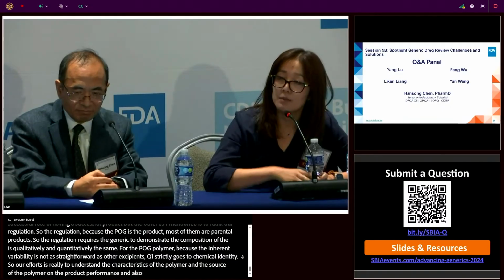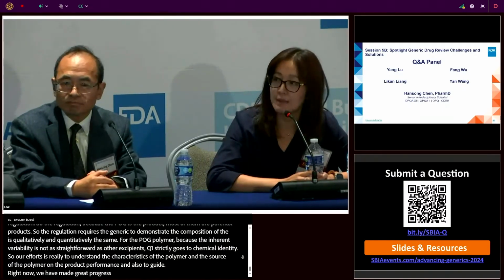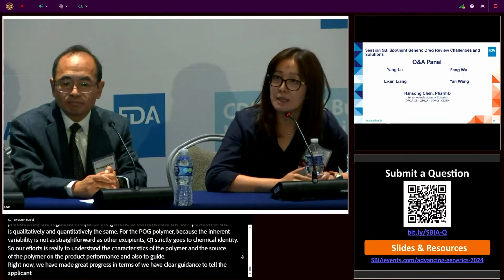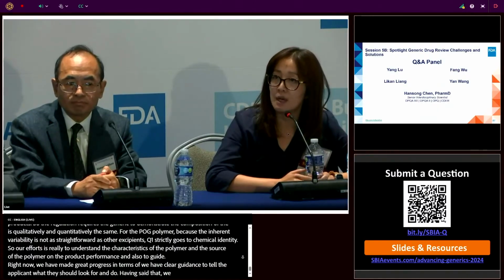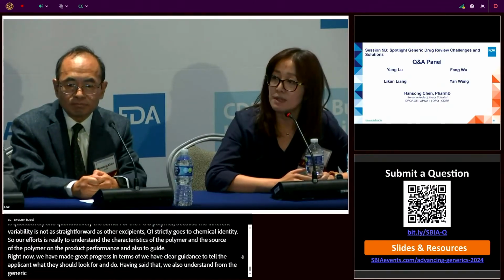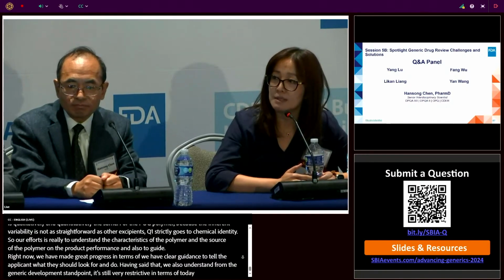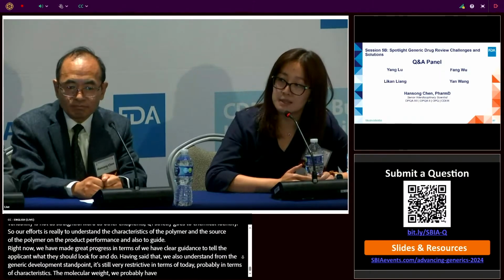Right now, we have made great progress in that we have clear guidance to tell the applicant what they should look for and what they should do. But having said that, we also understand that from a generic development standpoint, it's still very restrictive. In terms of characteristics, for molecular weight we probably have the maximum flexibility, depending on the product and our understanding.